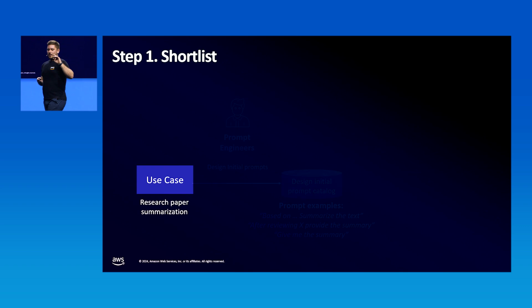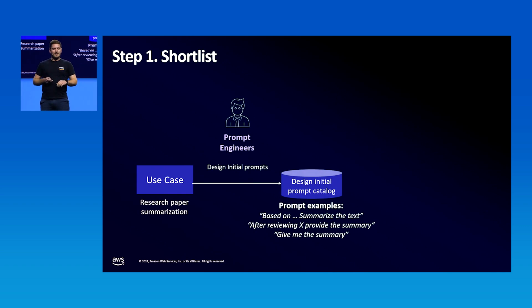So let's take a closer look at the first step, shortlisting. As I said, the model characteristics are important. We might already be able to down select. And coming back to the use case that Juan introduced earlier with the research paper summarization, a prompt engineer would probably start to design some initial prompts for the summarization.